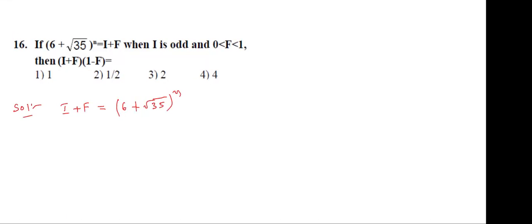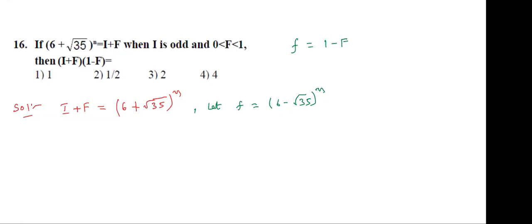And here, let small f be equal to 6 minus root 35 whole power n. This is an assumption. Capital F is given, take small f. Here small f is equal to 1 minus capital F only.